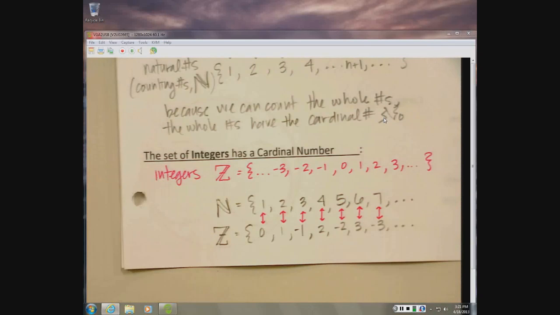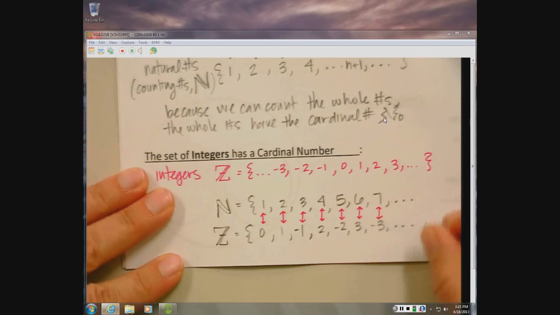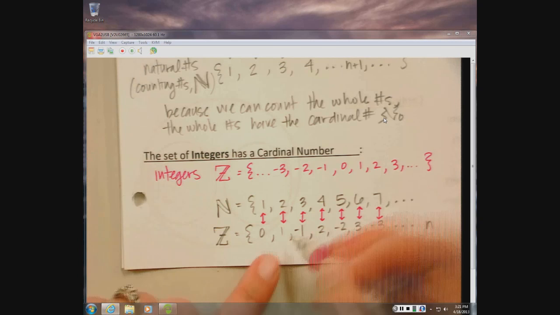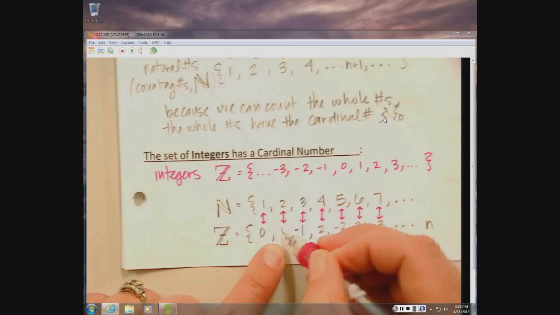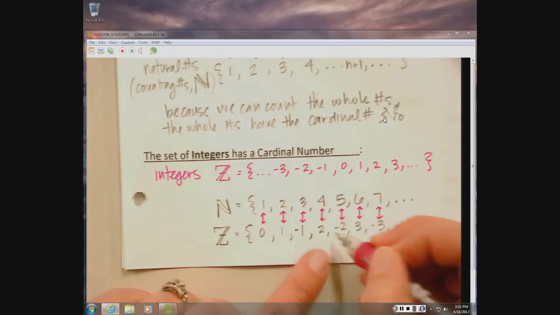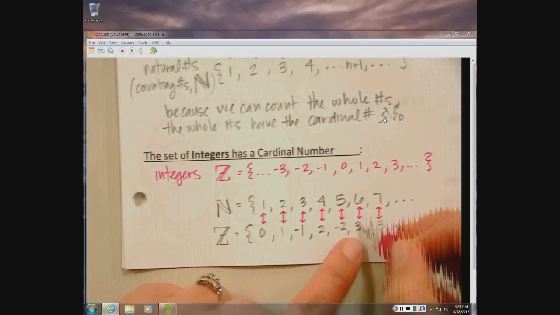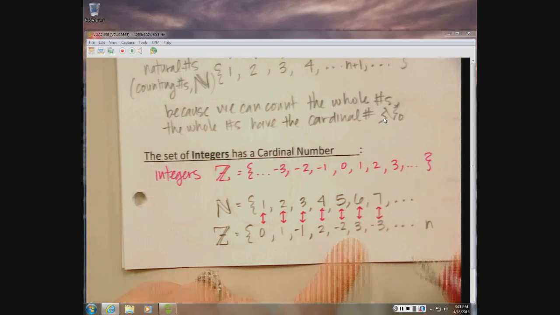Well, what's a general relationship here? When I get to the integer n, positive n, what number is that? Well, let's look at the relationship between the positives and the counting numbers. I have 1, 2. I have 2 and 4. I have 3 and 6. I would have 4 and 8.